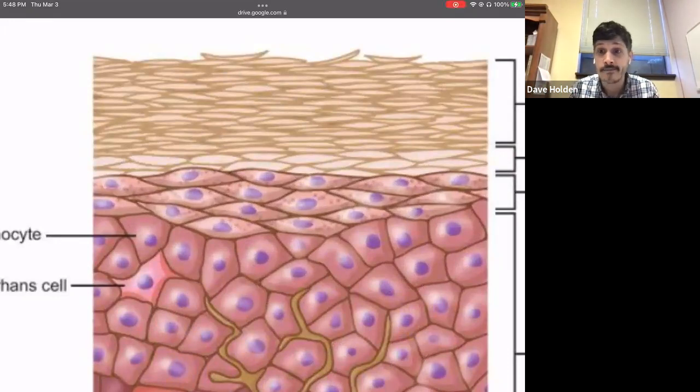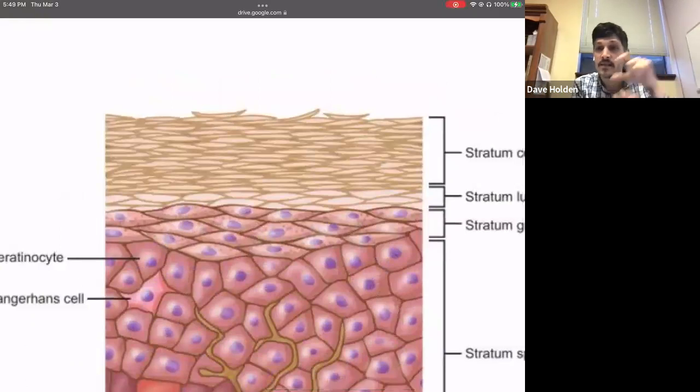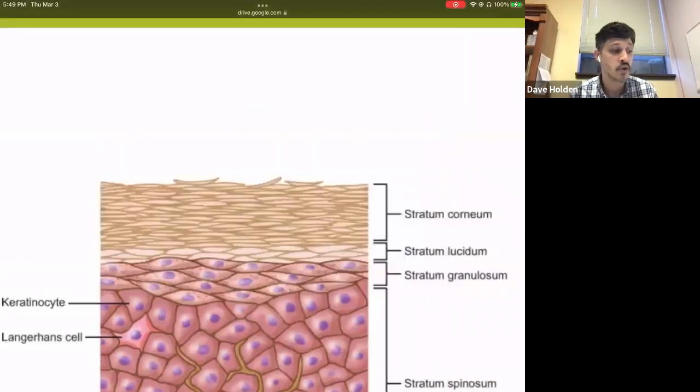That's the granny layer. And then we end up with these flattened but clear cells because we are pulling all the nutrients out as it dies. So they flatten, and all that's left is a little bit of cytoplasm and maybe a few bits here and there. So it's just an empty cell membrane full of fluid. It's a clear layer. And then when we get to stratum corneum, they're dead. They're flattened, they're dehydrated, they're keratinized. Nothing special going on.